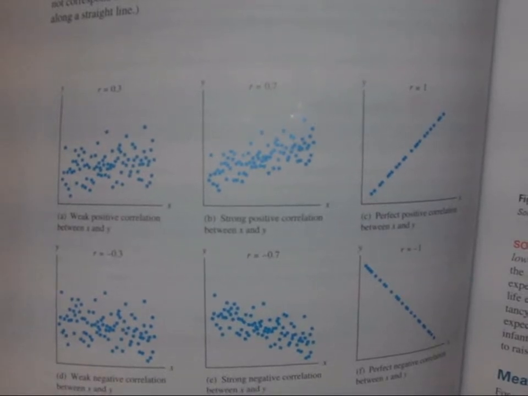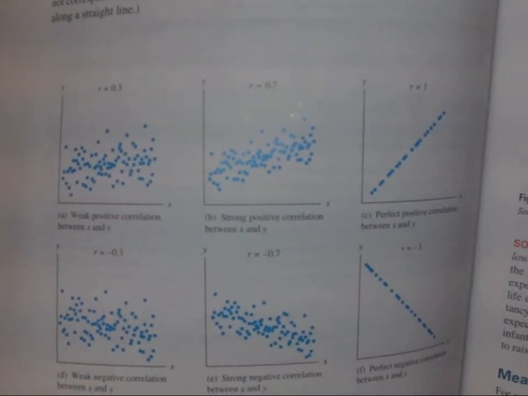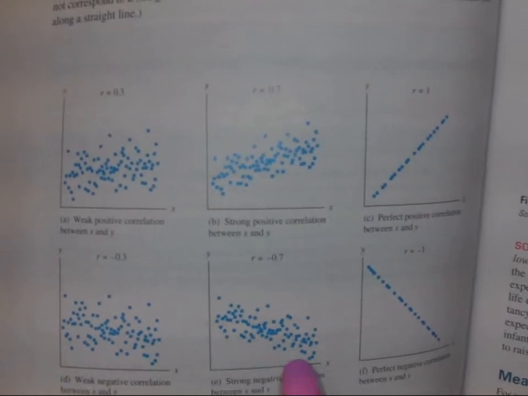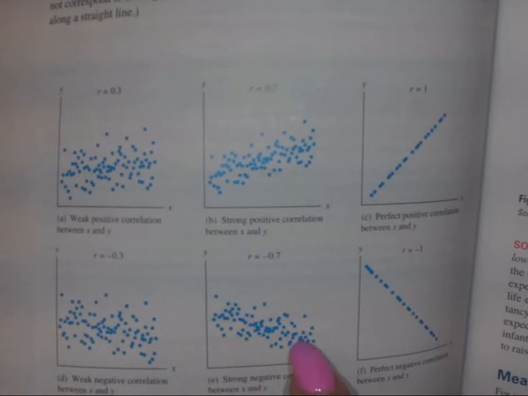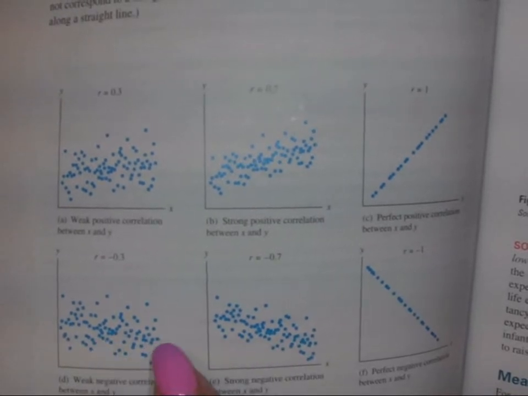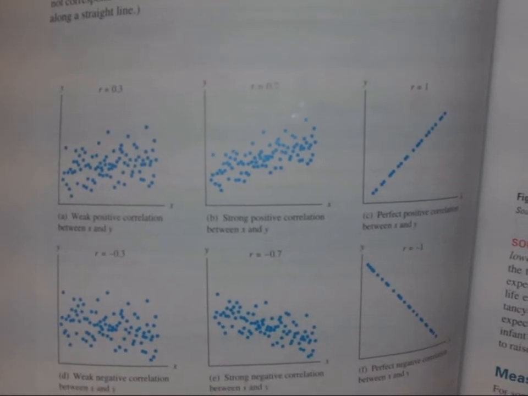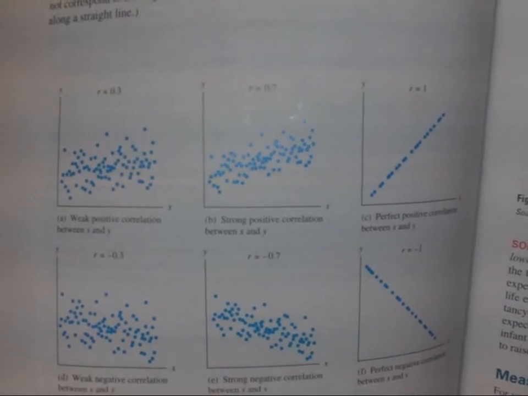So this has an inverse relationship, or an opposite direction. This one, negative, definitely we have a downward trend here. But definitely these dots are closer together than those dots were, right? And so we would say this is more closely correlated to each other.